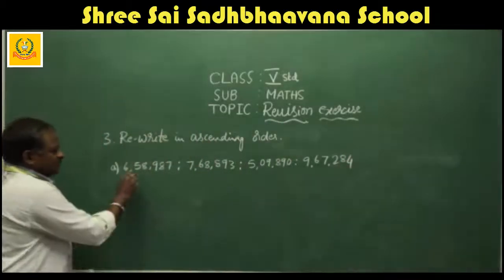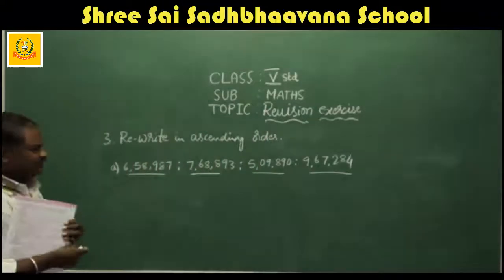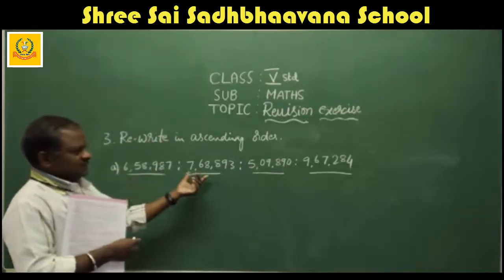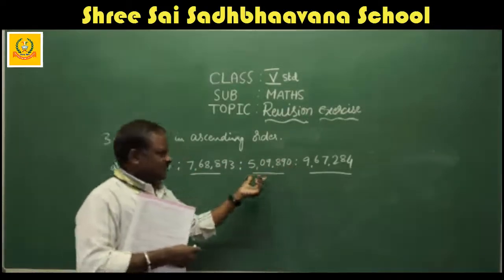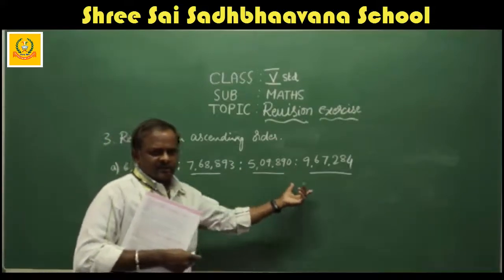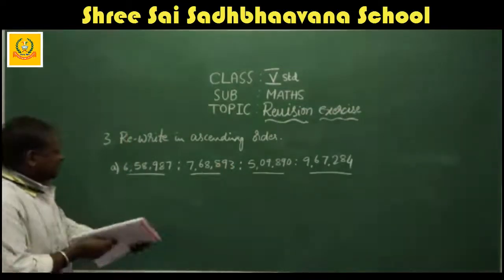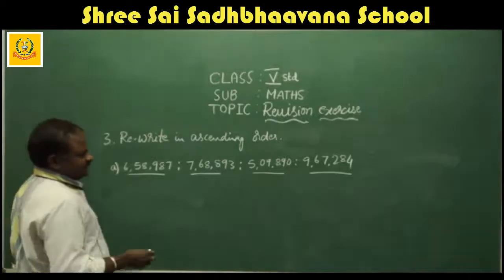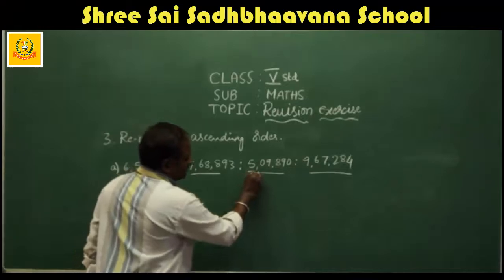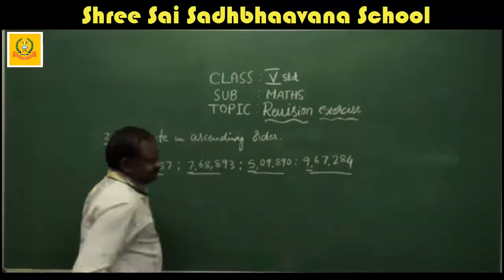Here they have given four numbers, all in lakhs. So we have to compare the numbers and write the smaller number first, then the bigger, third, fourth, in ascending or increasing order. In the lakh place itself we can compare easily: one is 5, another 7, another 6, another 9.